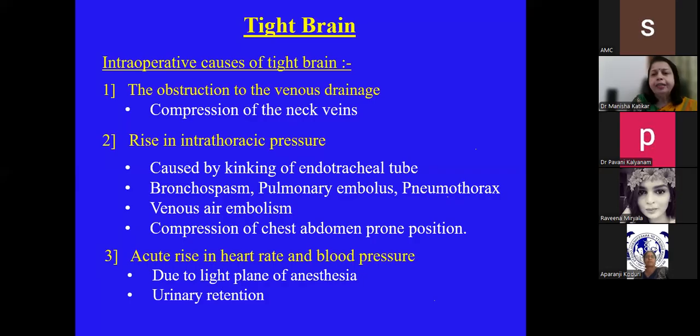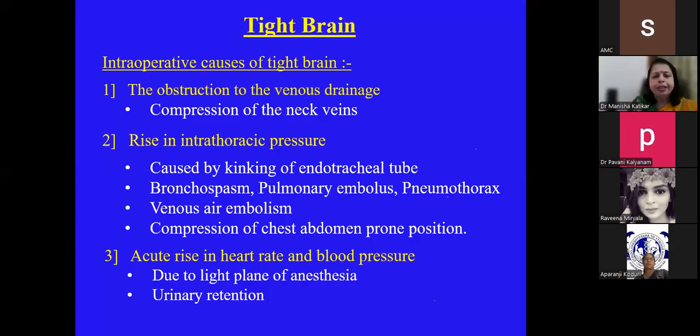But then you should have a checklist so that you can go properly to find out the exact cause for the tight brain. Is there any compression of venous drainage? Are the neck veins compressed? Is there kinking of the endotracheal tube? Is there any bronchospasm, any pneumothorax, any venous air embolism?